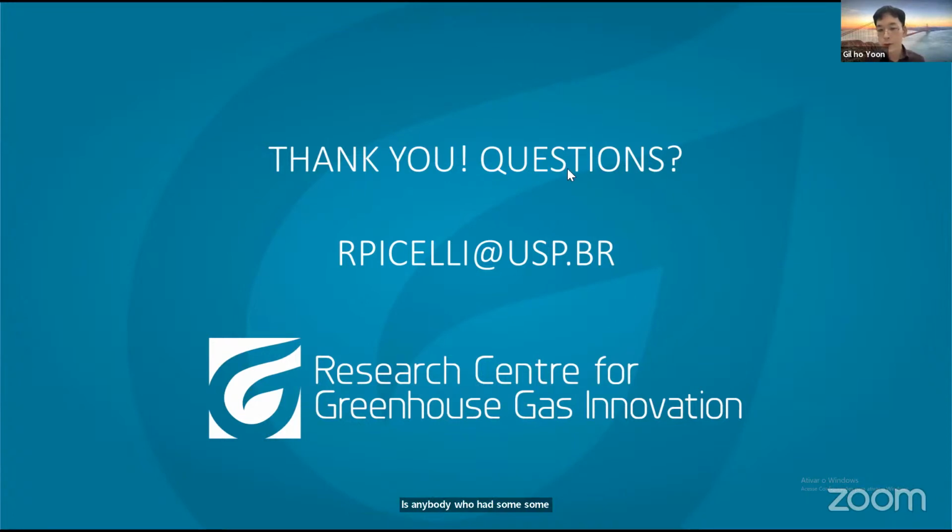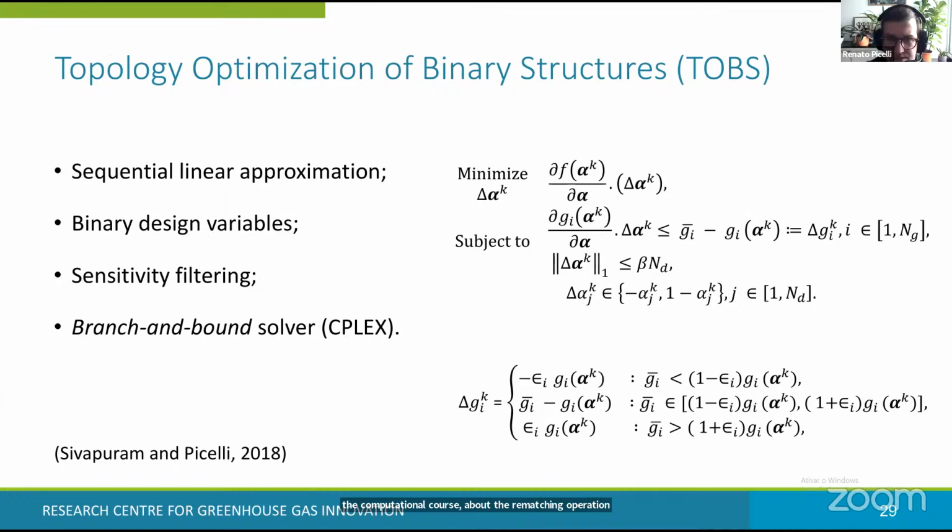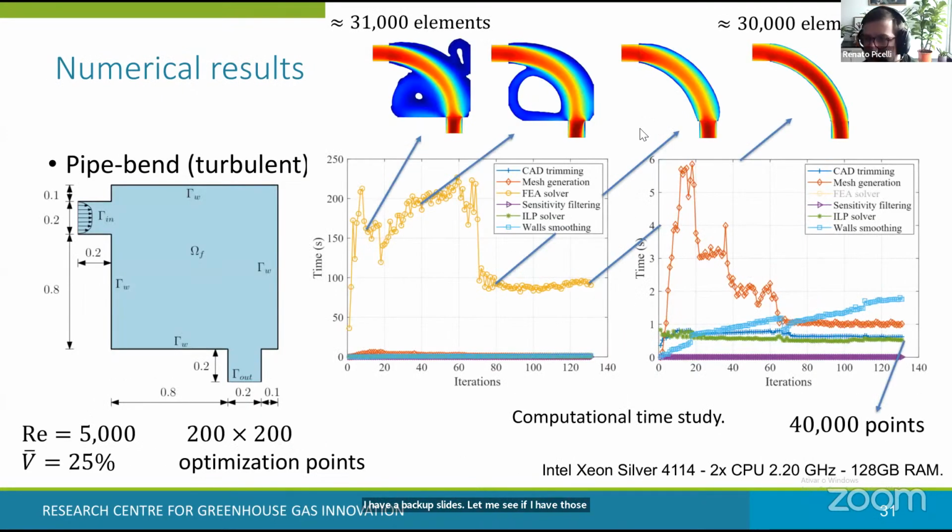Oh, there is one question in the chat. Yes, it's about the computation cost of the remeshing operation. Oh, good. I have backup slides. Let me see if I have those. Oh, yeah, I have it here. So the computational cost remains dominated by the FEA solver.